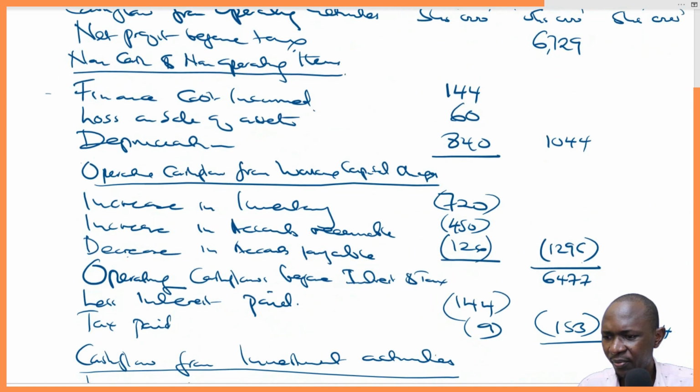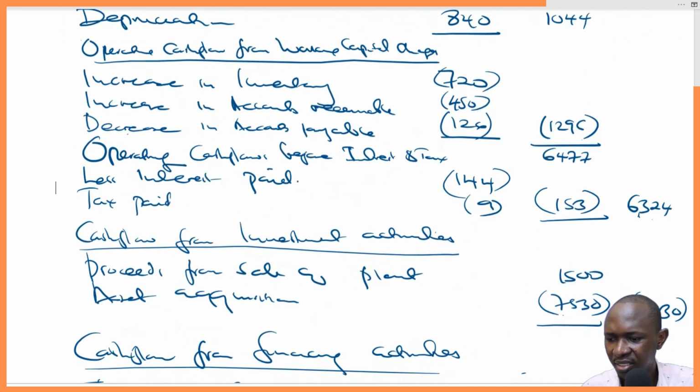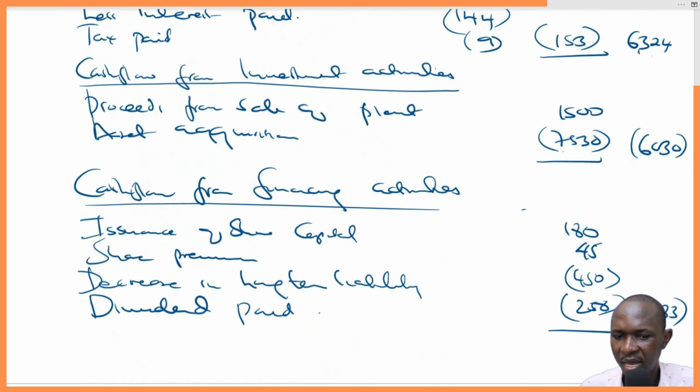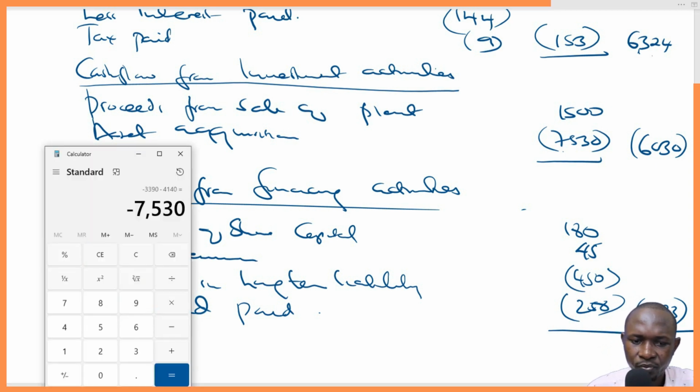Let's just finish it up. So this is from operating. Then we have this 6,030 from investment. And then finally we have 483 from financing activities. Let's add all of them. So we'll have 6,324 minus 6,030 minus 483.